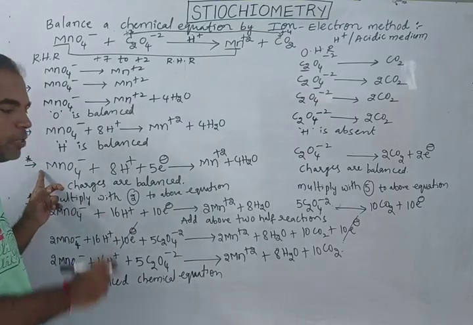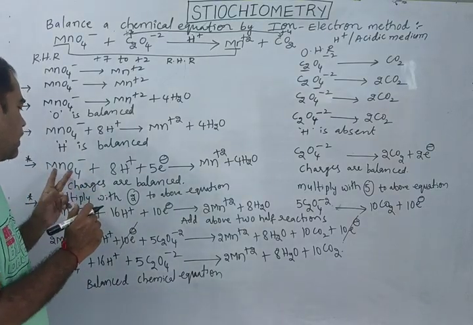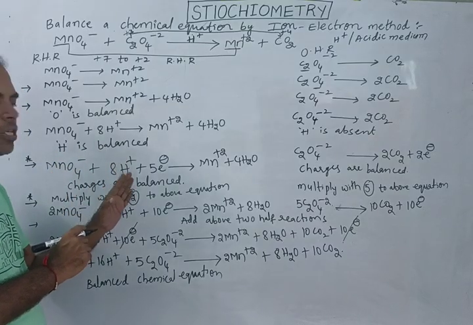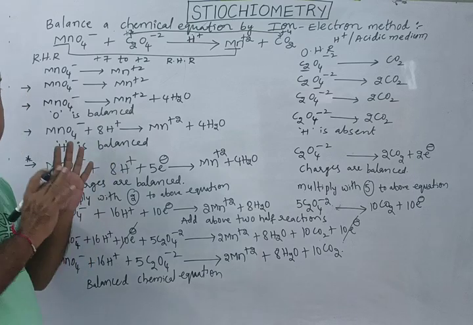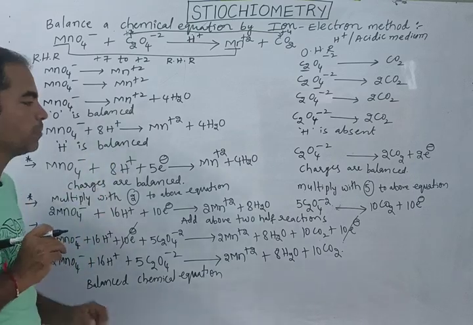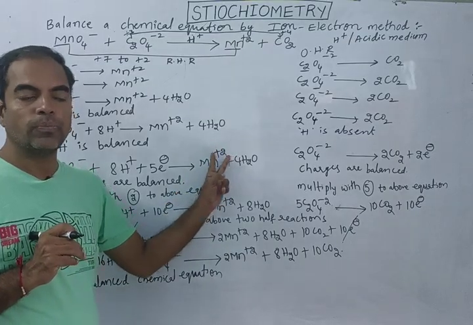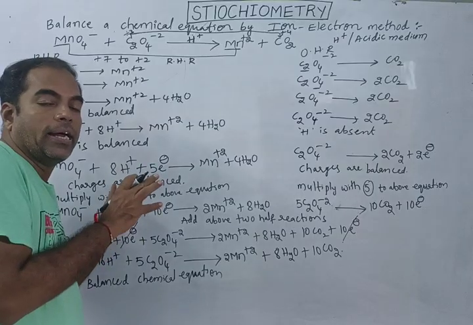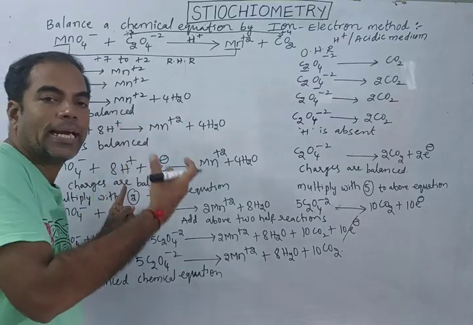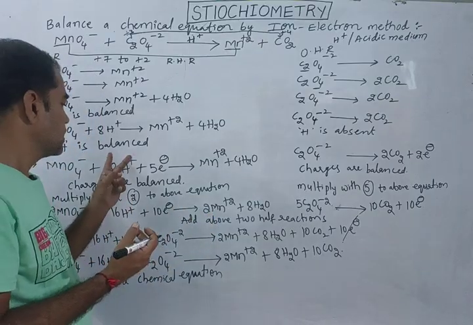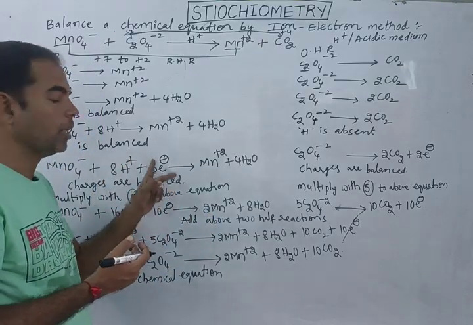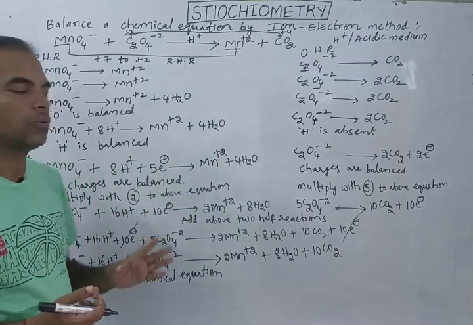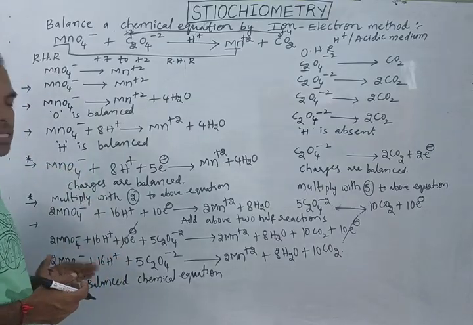Now carefully, to balance the charges: MnO4 minus means 1 negative charge, 8H plus means 8 positive charge, so total net charge is plus 7, whereas on the right side only plus 2. To equalize that, we should add 5 electrons, because electrons have negative charge. 7 positive, 5 negative charges means 2 positive, here also Mn plus 2. In this way we can balance the charges.